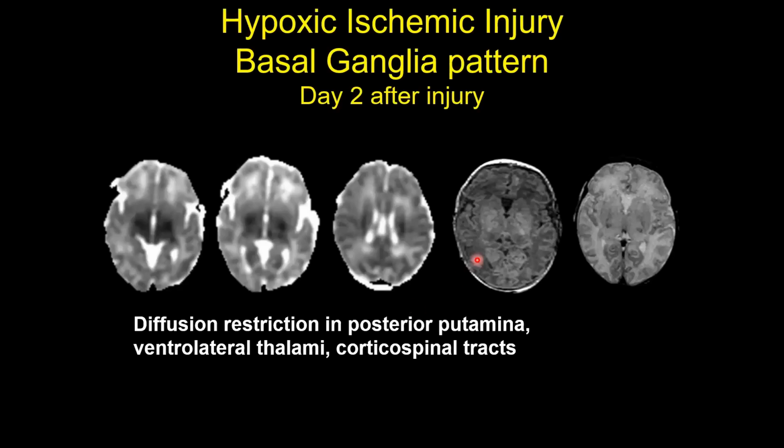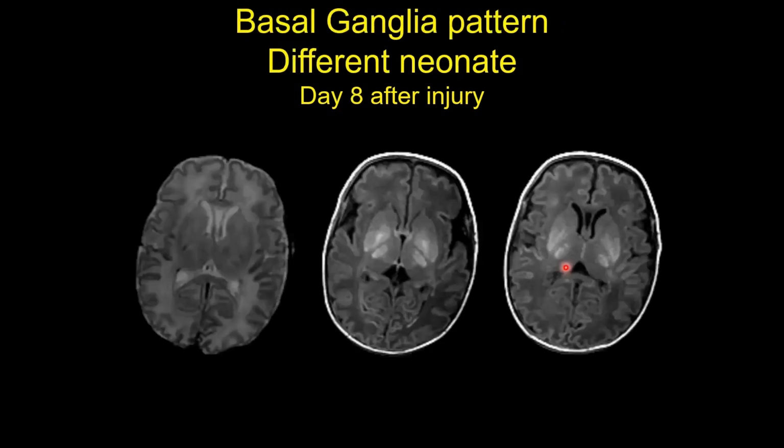And I'll just exemplify with the basal ganglia thalamus pattern on ADC maps. And then T1 and T2, just some swelling of the basal ganglia, particularly on T2. Classic location, posterior putamen, ventrolateral thalami.